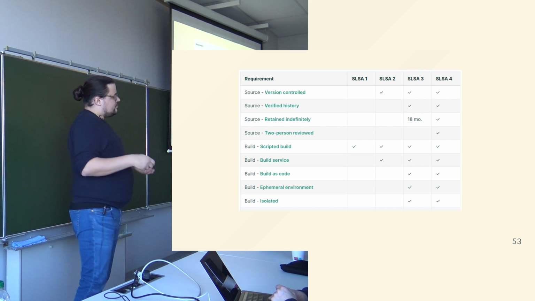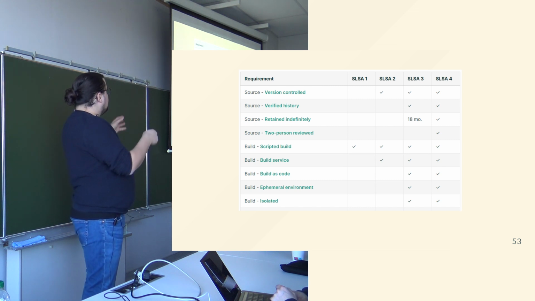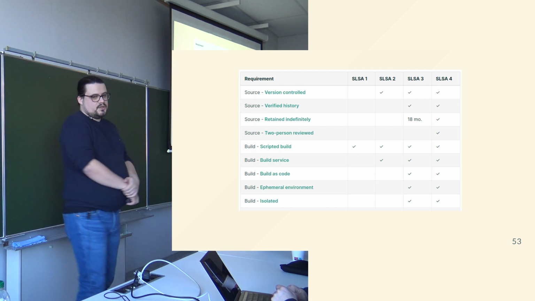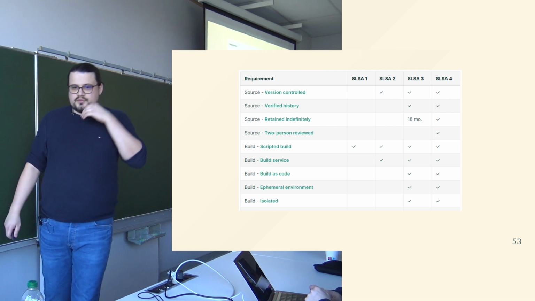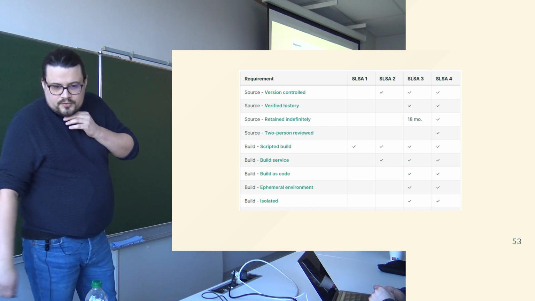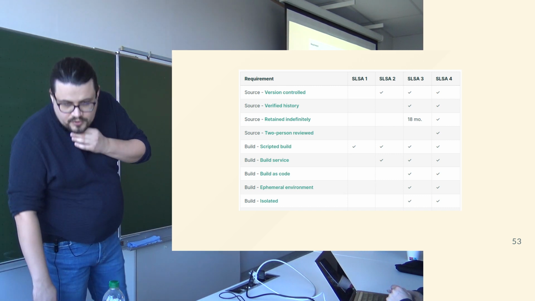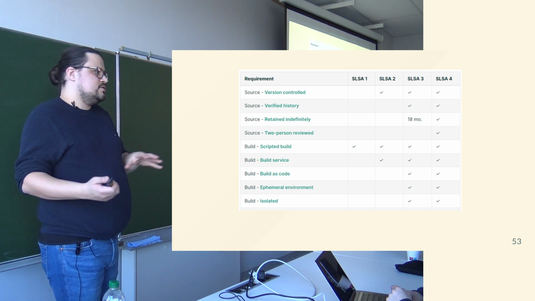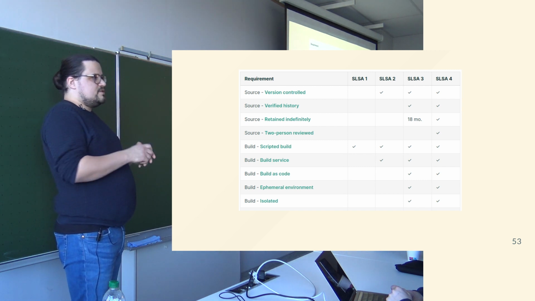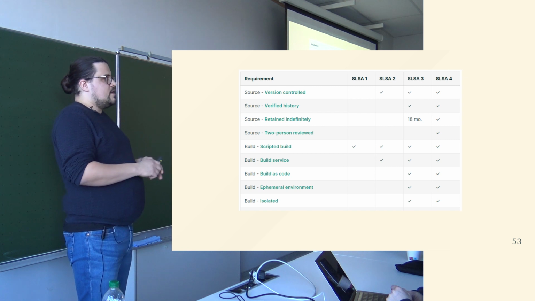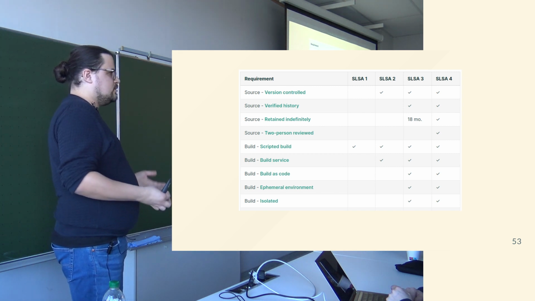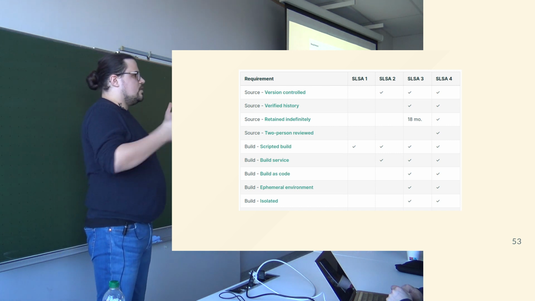So how does it work? You have 4 levels, and for each level, you have a list of items that need to be checked. I took just a part of it about sources and builds. For example, for the first level, you need to have a fully automated build. If you have some build steps or release steps that are manual and run on one of the developer's machines, then you don't have the SLSA 1 level.